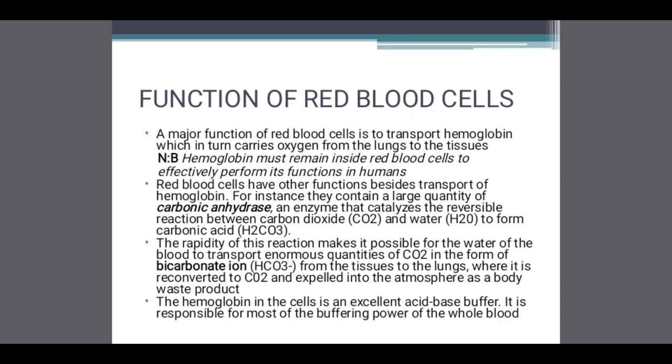The rapidity of this reaction makes it possible for the water of the blood to transport enormous quantities of carbon dioxide in the form of bicarbonate ion from the tissues to the lungs, where it is reconverted to carbon dioxide and expelled into the atmosphere as a body waste product.